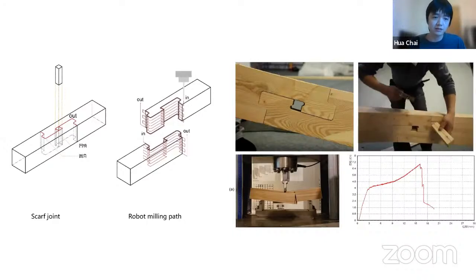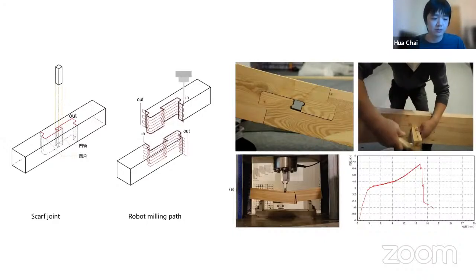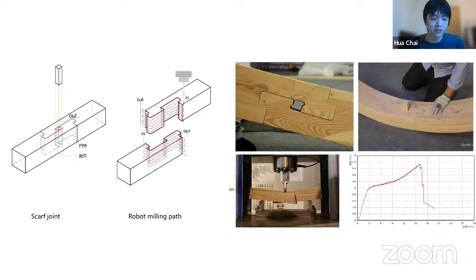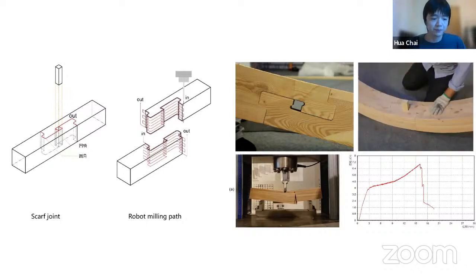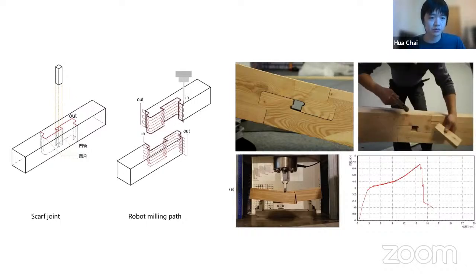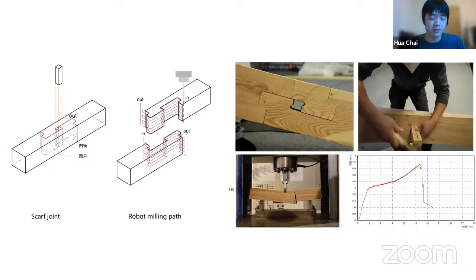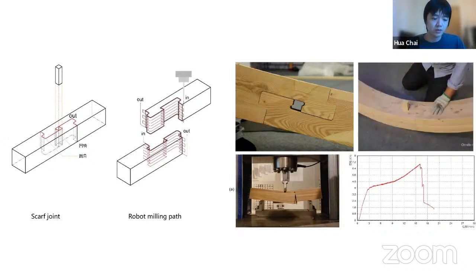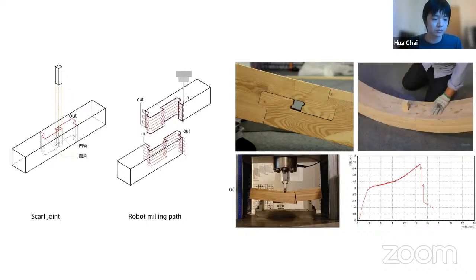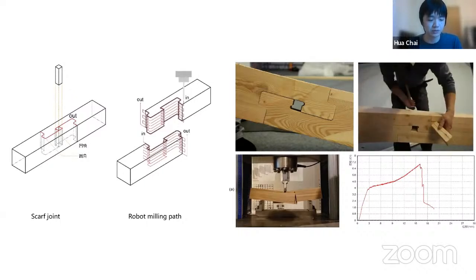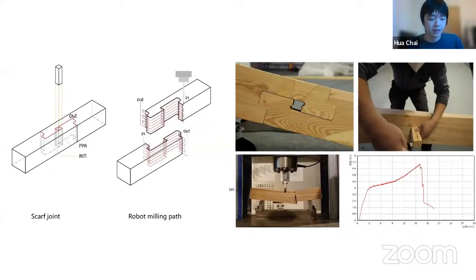So in this context, we are inspired by the traditional interlocking joint and designed this kind of scarf joint, which is a traditional approach to join two wood elements end to end, widely used in traditional construction to produce long members with short ones.